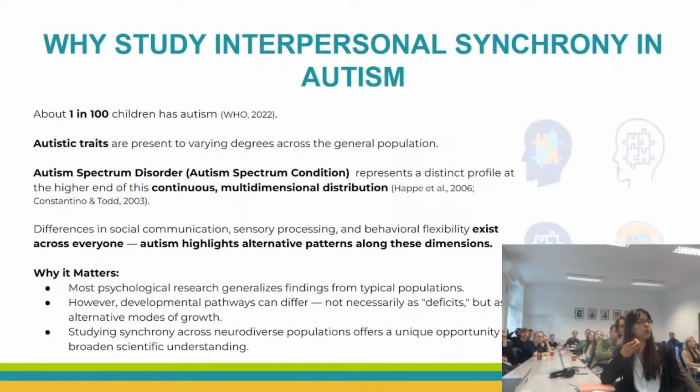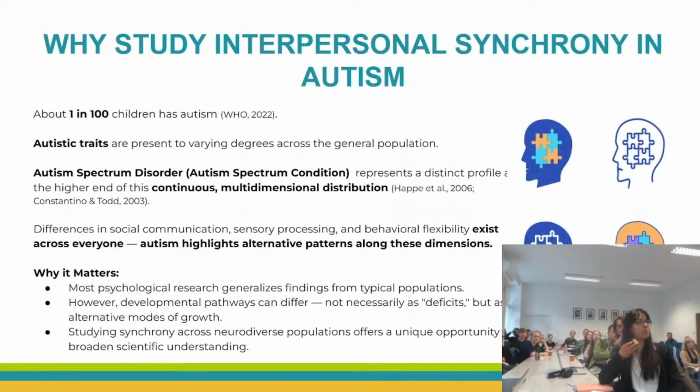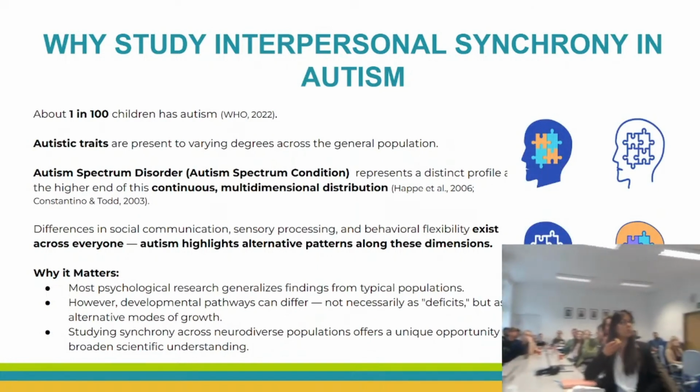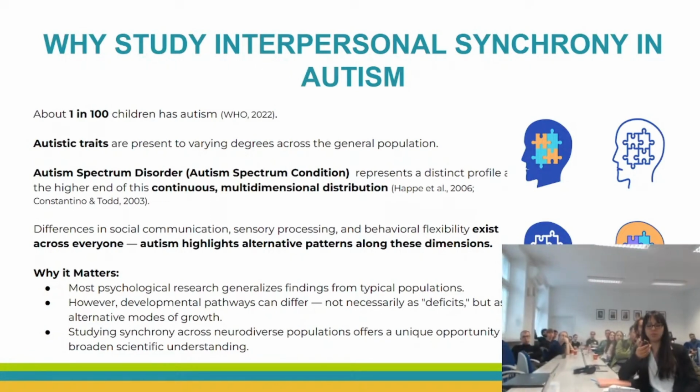So now let me take a step back and ask why study interpersonal synchrony in autism. We know that about 1 in 100 children worldwide is diagnosed with autism according to the World Health Organization. But autistic traits, the kinds of differences in social communication, sensory processing, or behavioral patterns that we associate with autism, actually exist across the general population.